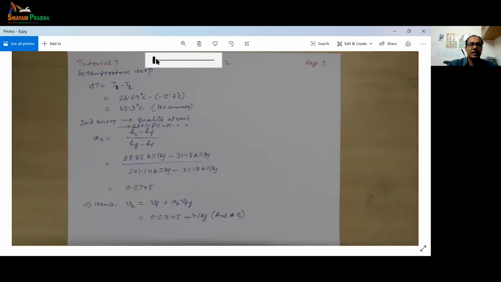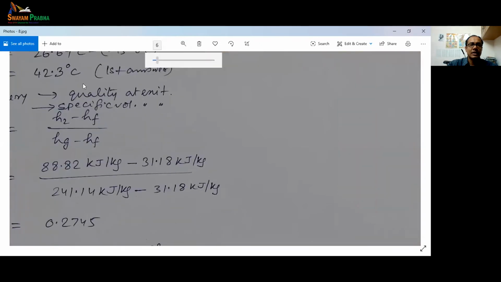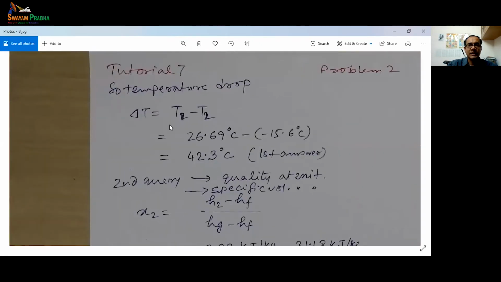What we need to find out is the temperature drop. So delta T is T1 minus T2, and that you can find to be 42.3 degrees centigrade. So just to keep the enthalpy same, the pressure dropped as well as the temperature dropped. That is why whenever you have an expansion process or throttling valve, you can see a temperature drop.